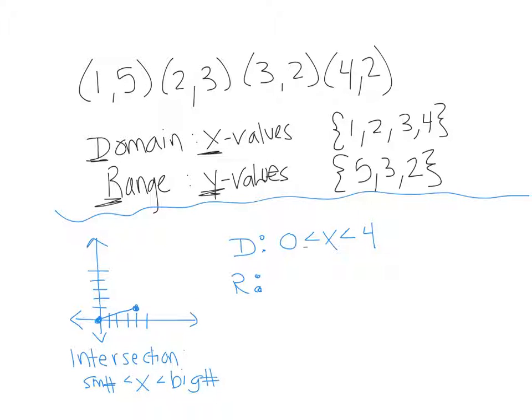And it's going to be equal to due to the closed circles. So that's how I write my intersection for domain. And then for range, the smallest y value is 0, and the biggest y value, oops, I almost put an x there, it should be a y. The biggest y value would be a 1. So the y's range from 0 to 1, and it's equal to, again, due to the closed circles on the graph.